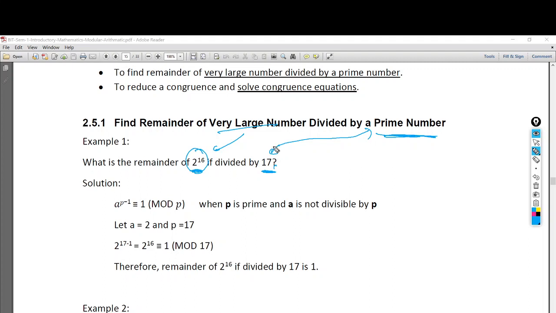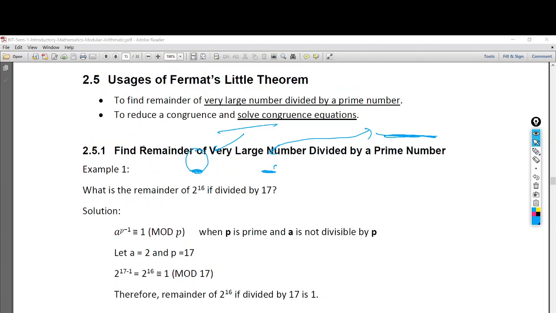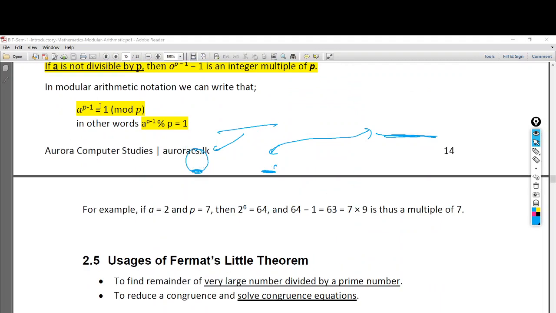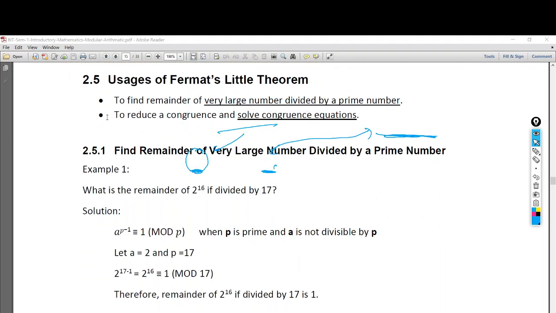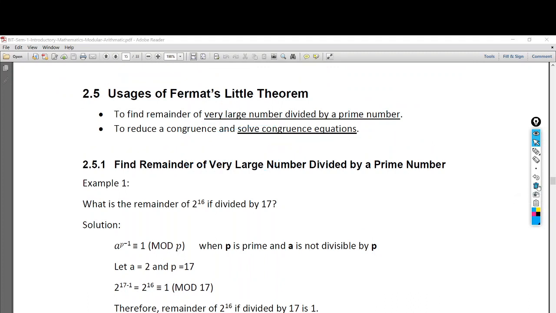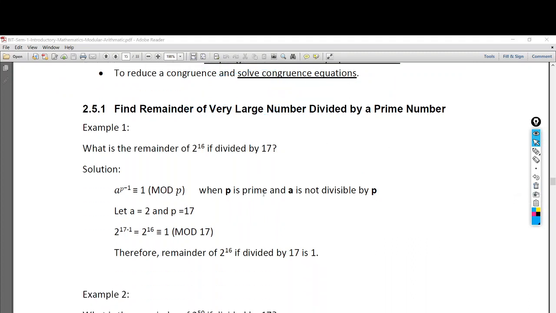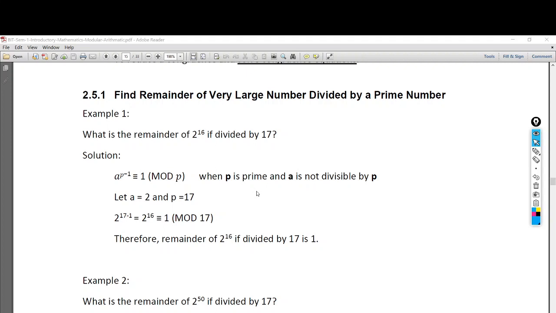Now we are going to use that special case of Fermat's little theorem, that is a to the power p minus 1 equals 1 mod p. Here p is the prime number, and let's take a as 2.